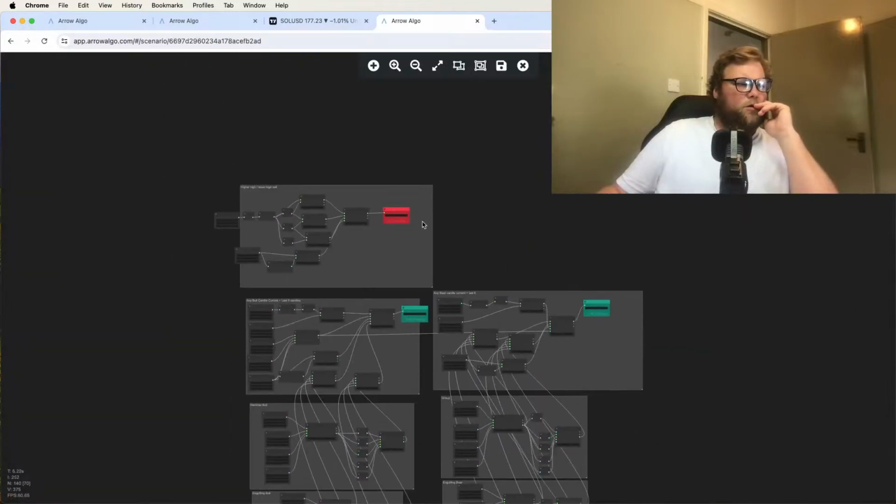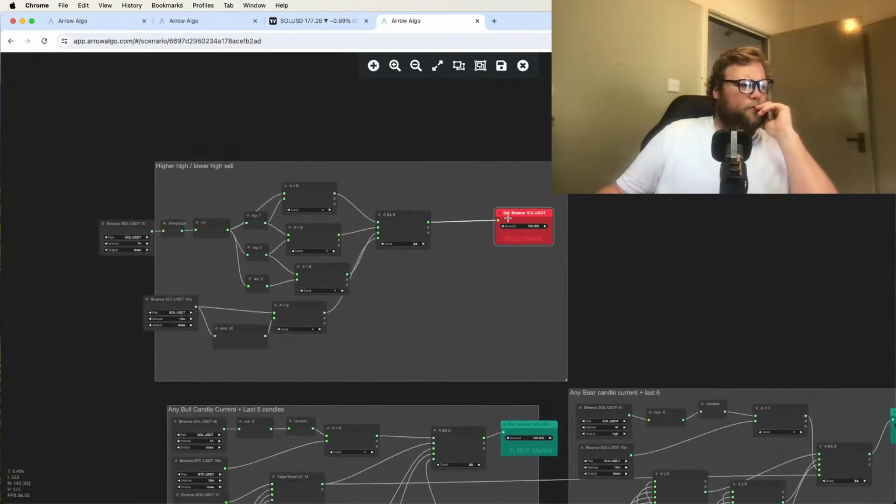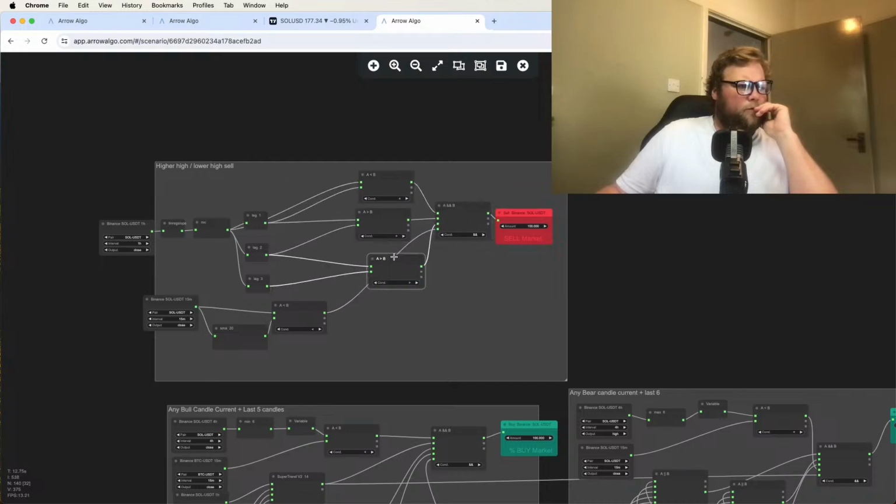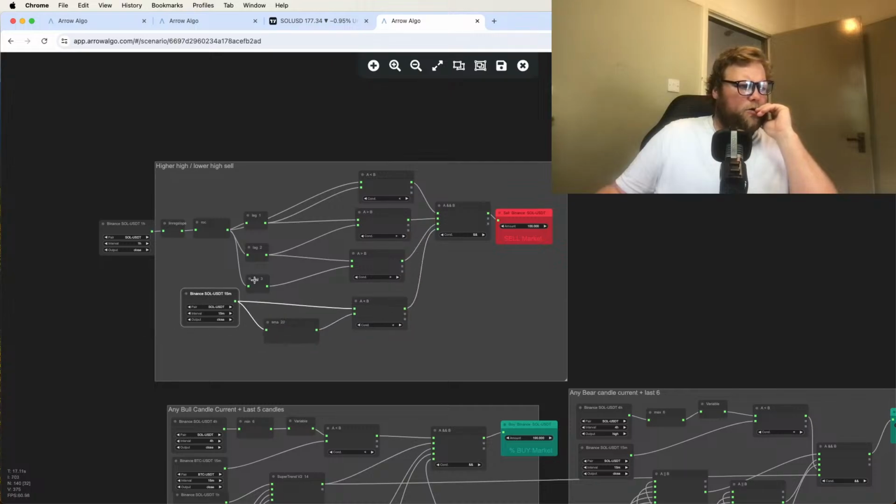So let's add in some new rules. I'll just clean this up a little bit, a little bit of housekeeping. Make sure it's all in the group.